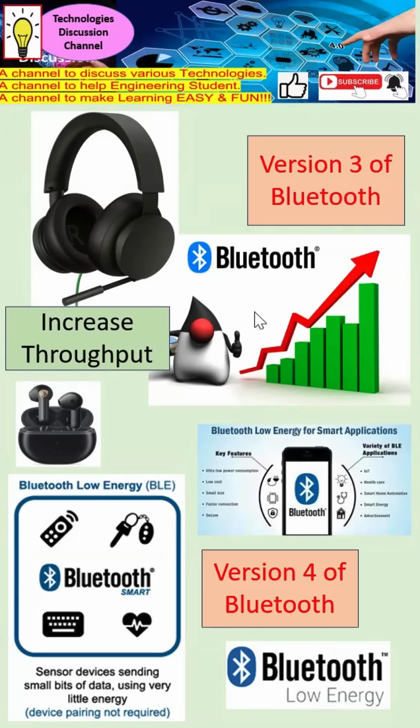As with the music, for example, as I illustrated earlier, it needs to play in a sophisticated manner, which means that the headset, that receives the data from the mobile phone, needs to increase the data rate so as to be able to receive the correct amount of data. So basically, this is the reason why we need to move from version 2 to version 3, simply to increase the throughput.